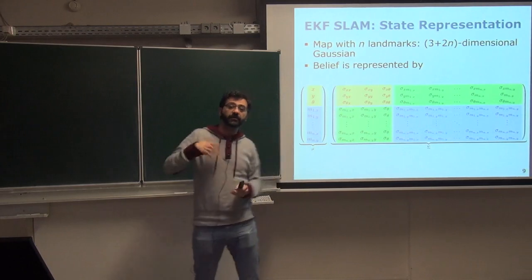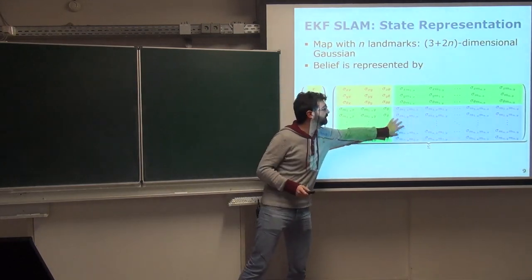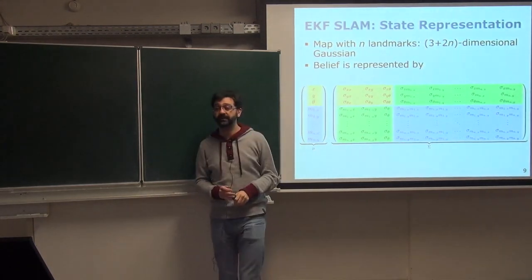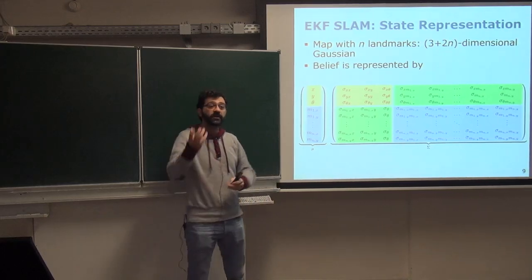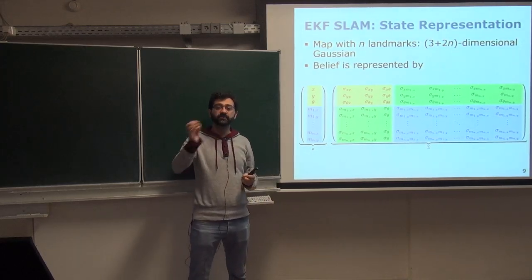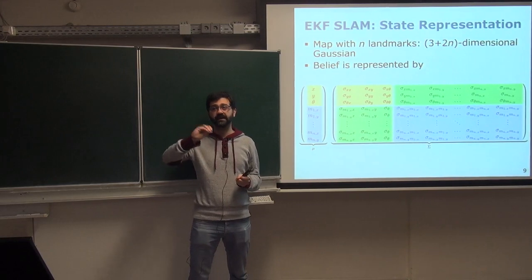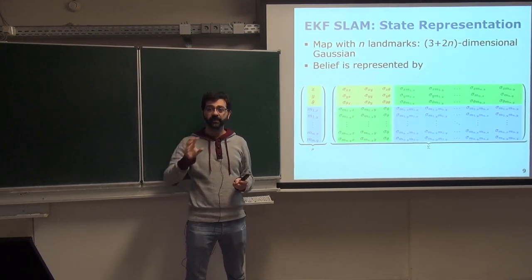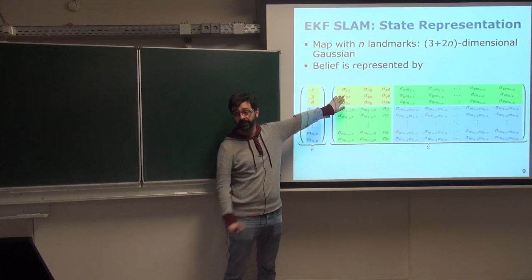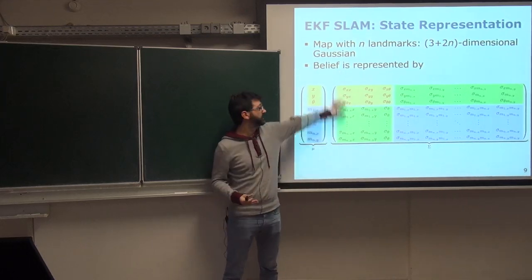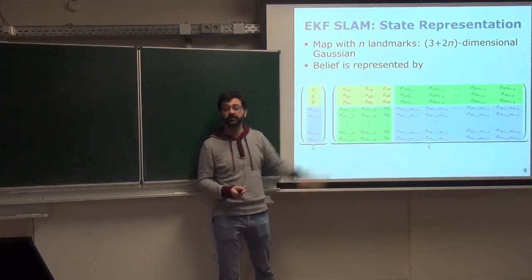And during the observation, you're actually measuring something here and here, so you're touching the whole matrix structure. This is because different measurements relate to different parts of the state. Motion only relates here, normally, and the full observation relates to the whole space. That's why we divide it into these macro blocks.